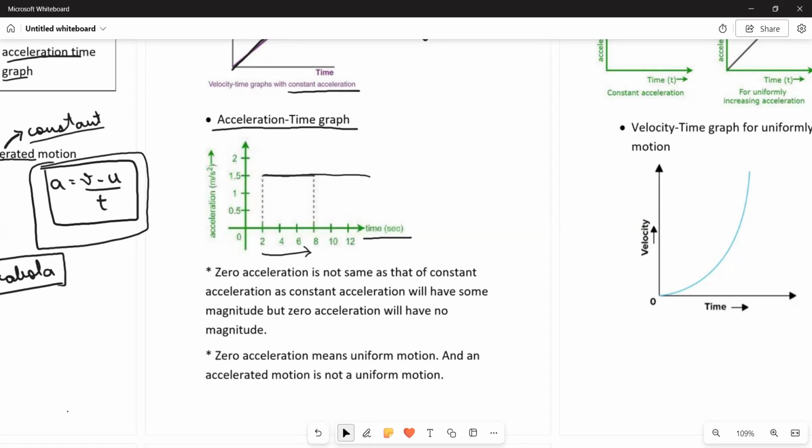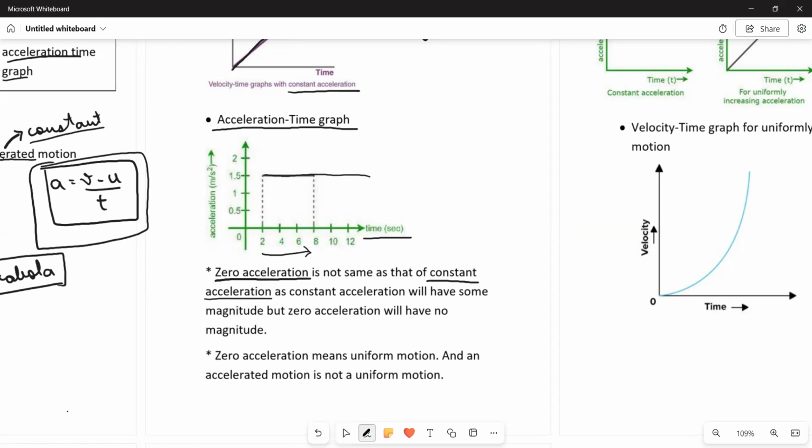Okay. So now there are some points related to this concept. It says that zero acceleration is not the same as constant acceleration. Some of you must be thinking that zero acceleration throughout the motion must also be the same as constant acceleration, right?